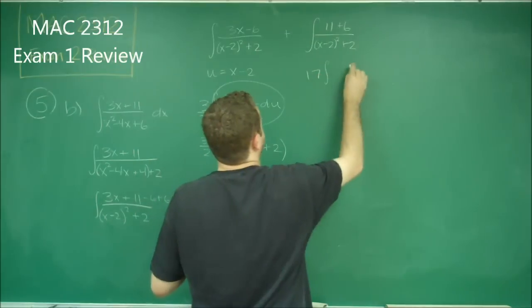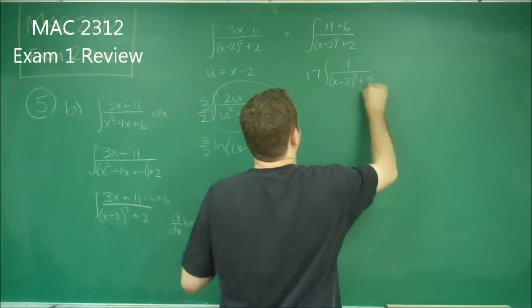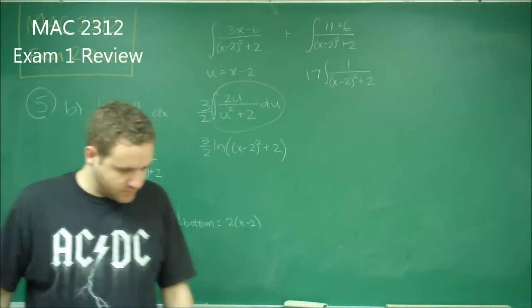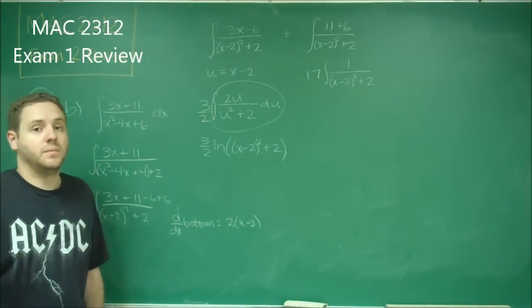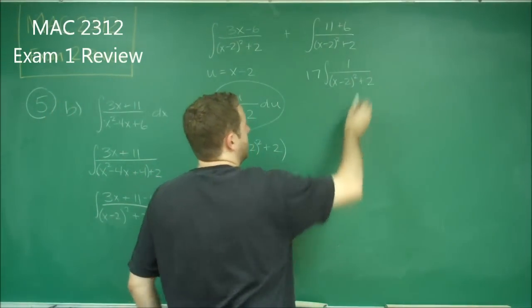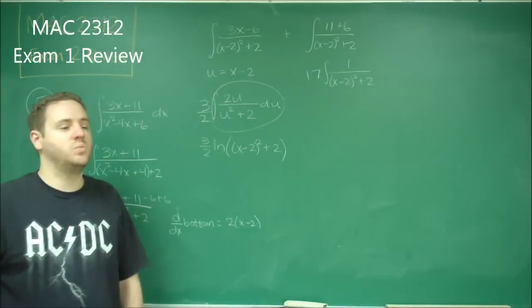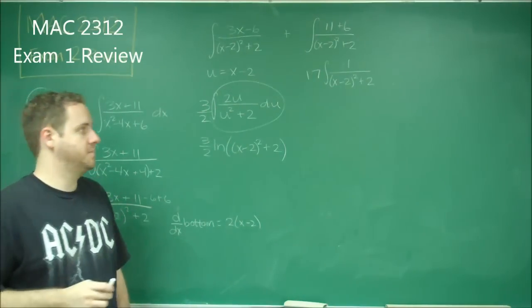We have 1 over x minus 2 squared, excuse me, plus 2. So this is an arctangent problem, and you can recognize that by a couple of different ways. We have something squared plus a number on the denominator, and we have nothing in the numerator. That should immediately tell you that this is an arctangent.